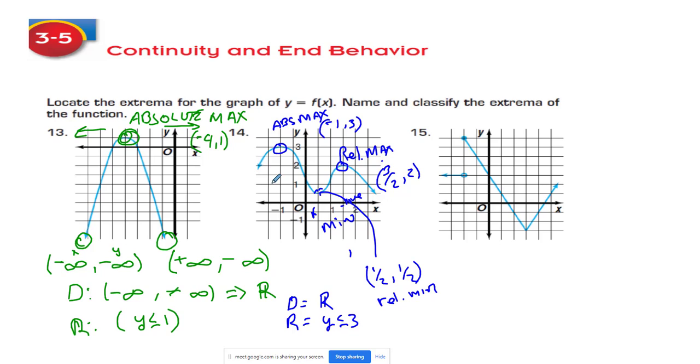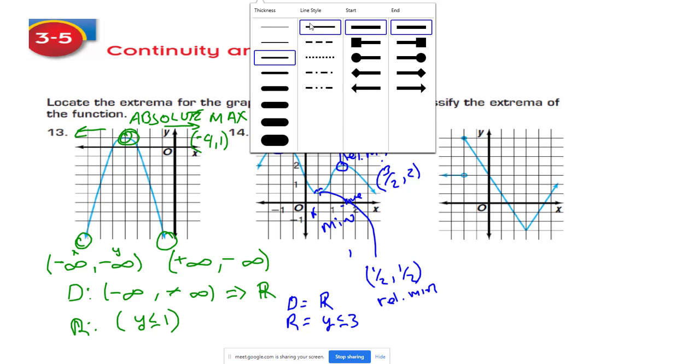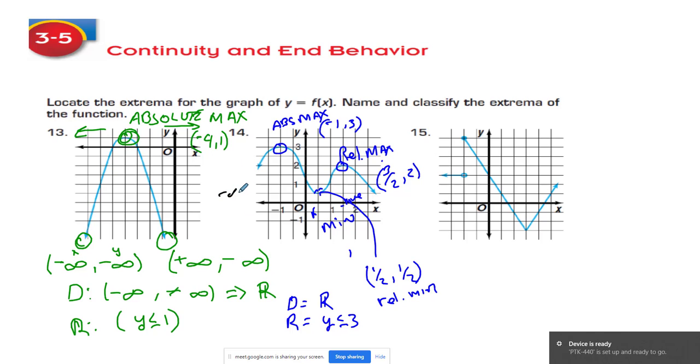Let me get a different color here for the extremes. And then at the extrema now, we could say that as x goes to negative infinity, y also goes to negative infinity. So that's what's going on that end.